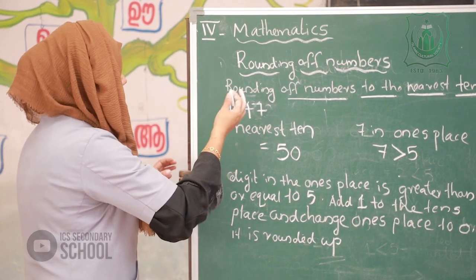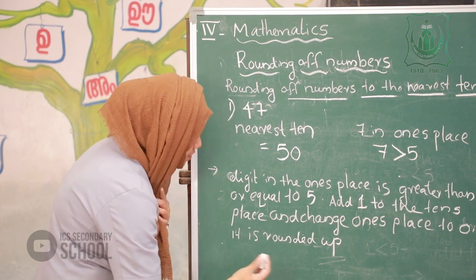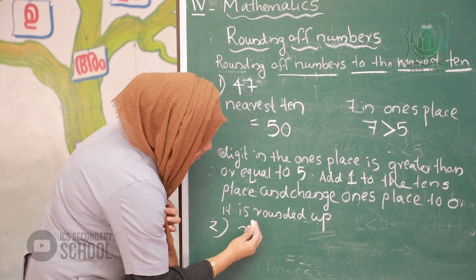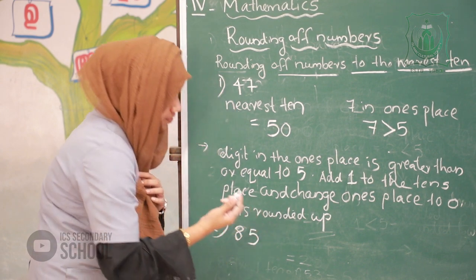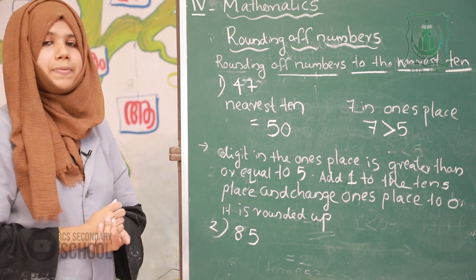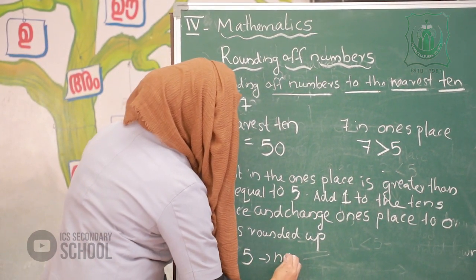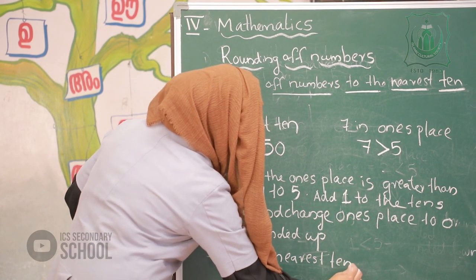You may have some difficulties, but we have more examples so you can understand well. Next is 85. 85 is your number. Find the nearest 10.